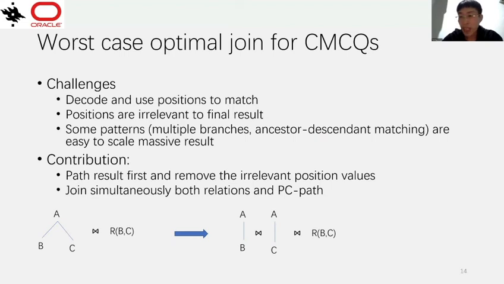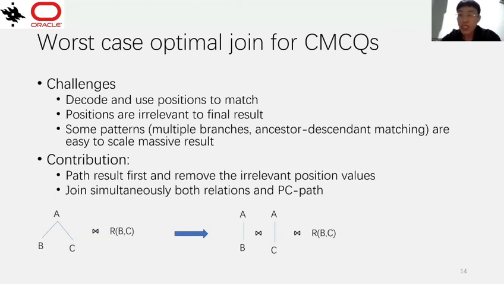Adding the tree pattern makes things complicated. It is required to decode and encode the tree position into an intermediate form, because we want to join the relation and tree data at the same time. However, this position value is not of interest in the final result. And some patterns, as we discussed before, like branches and AD patterns, easily scale to massive intermediate results.